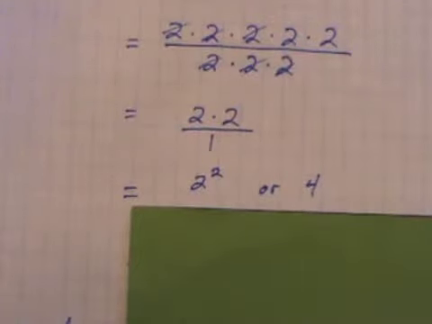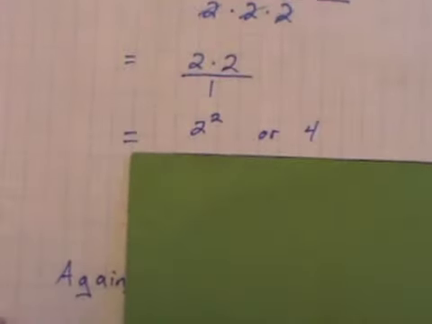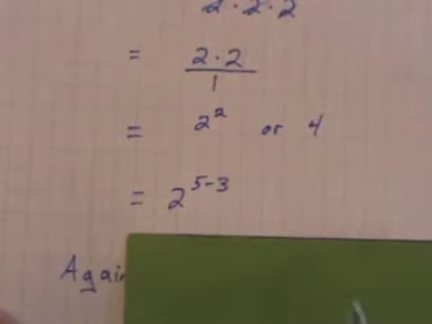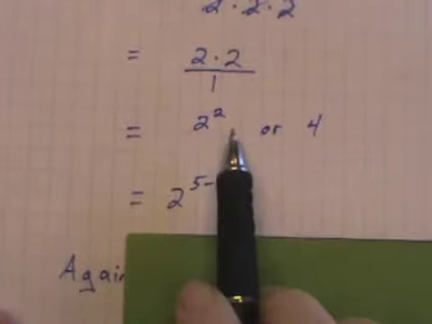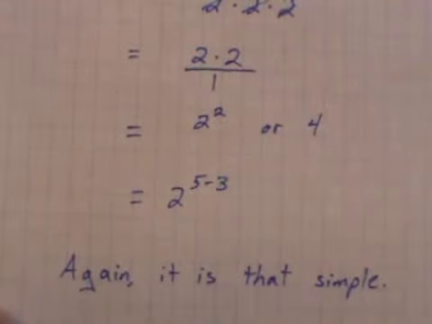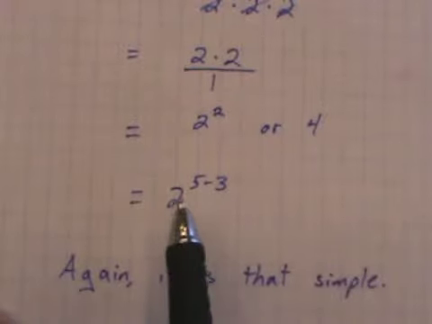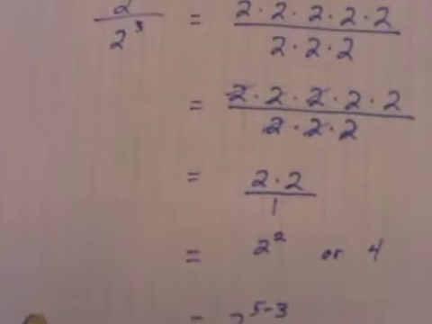So your brains are perking along, and you're thinking, 2 squared. What's a simpler, faster way to get to 2 squared? Well, 5 minus 3 is the same thing as 2. So once again, very, very simple process. I'm going to come back up to the original problem.